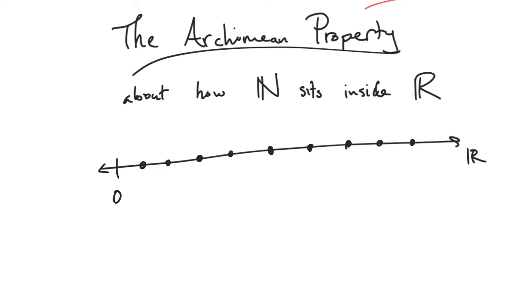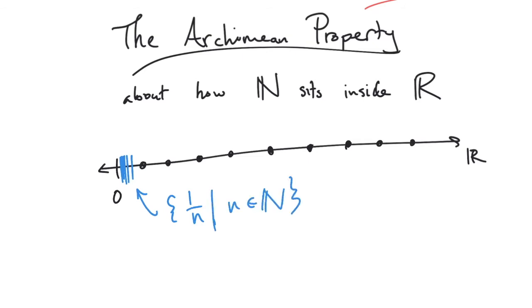And also, at the same time, the Archimedean property describes where the fractions live, the fractions of the form 1 over n, where n is a natural number. So the fractions, they all live right here, right? These ones are the set 1 over n, where n is a natural number. All right?